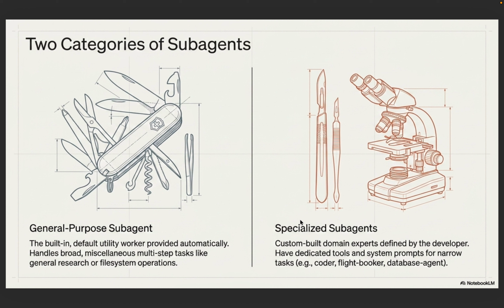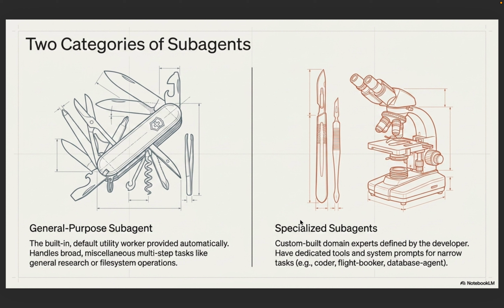In that case, it will automatically trigger the general purpose subagent, and the general purpose subagent will use this NLP to SQL tool and execute that. All the subagents have some access to the prompt and the tools of their parent agent. So the general purpose subagent will be able to access the tools, execute, and send the result back to the main agent.